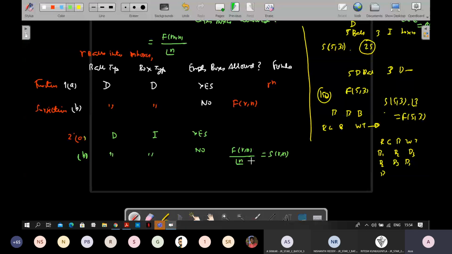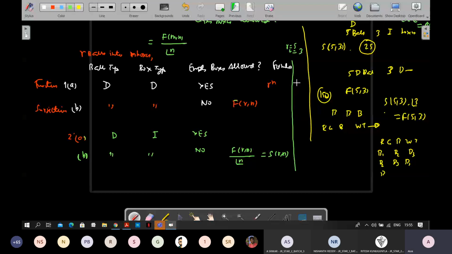F(R,N) by N factorial, because I told you that for each distribution in the identical case, the moment you label the N boxes, you can multiply by N factorial. So this entry times N factorial is this entry. But I know F(R,N) because the formula is there, so I will divide to get this one. For example, remember the 5-3 case, where R is 5 and N is 3.